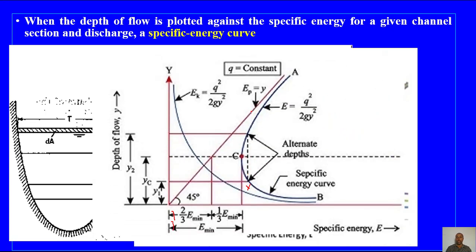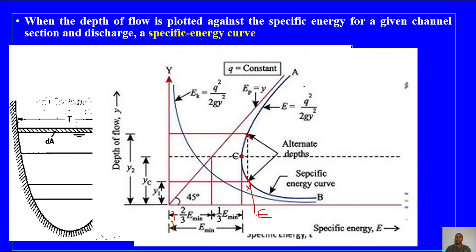So you can demonstrate with this graph. So this is a kinetic energy curve, which is this one. If you decrease the depth or the specific energy, then kinetic energy is increasing, and you have alternate depths for this point. 2 points, you can find alternate depths for the same specific energy, which is E. Then you have 2 alternate depths.